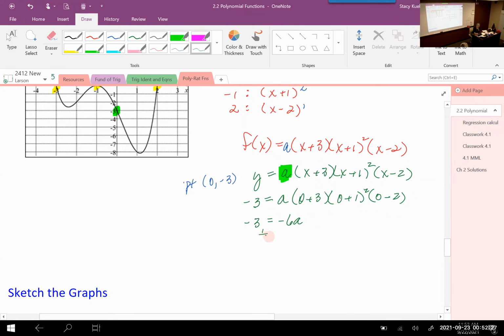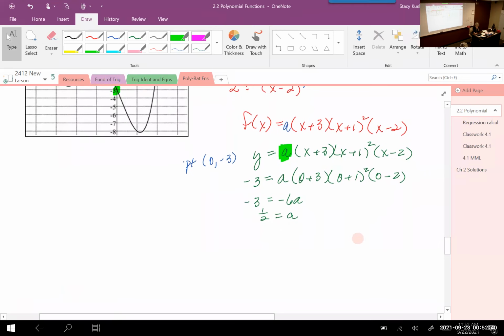Oh, excuse me, positive 1/2. Yeah, so that's 3 times 1 times a negative 2. Which is why 0, if I could use it, was a really nice number to use.